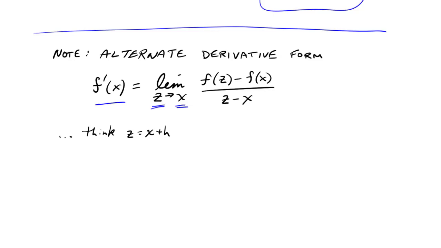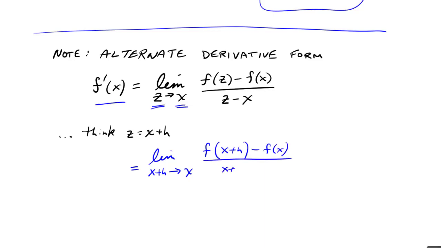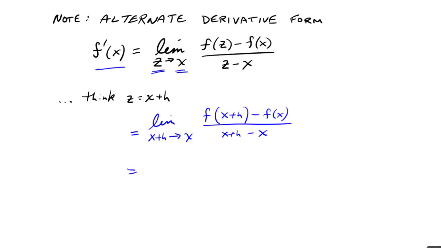We don't need to use it. But if you think of z as x plus h, then what you really have is x plus h goes to x of f of x plus h minus f of x over x plus h minus x. And notice, what is equivalent to x plus h going to x? That would be h going to 0.